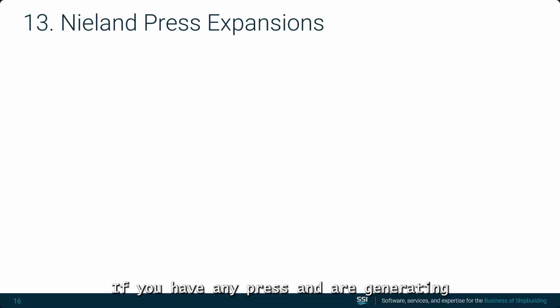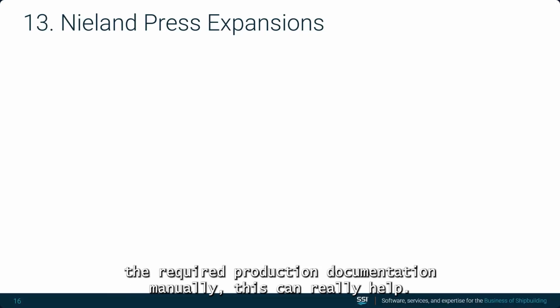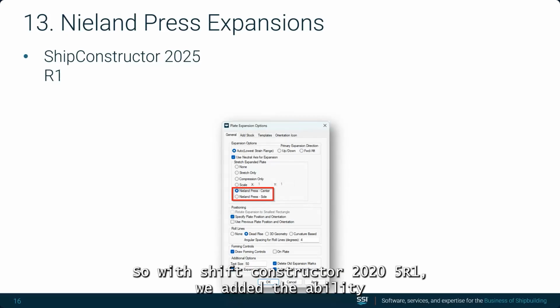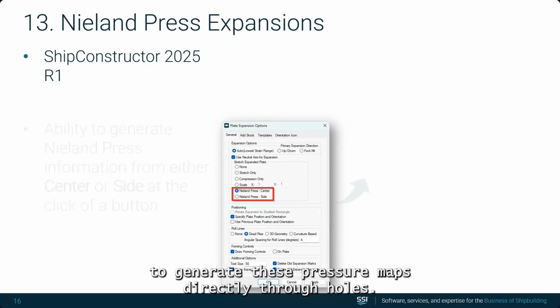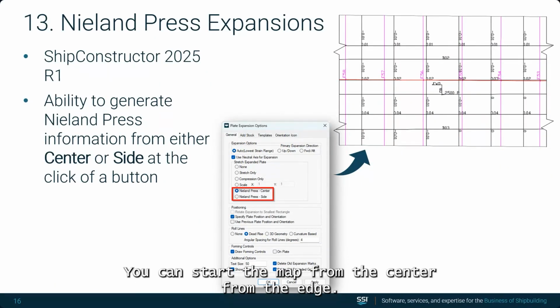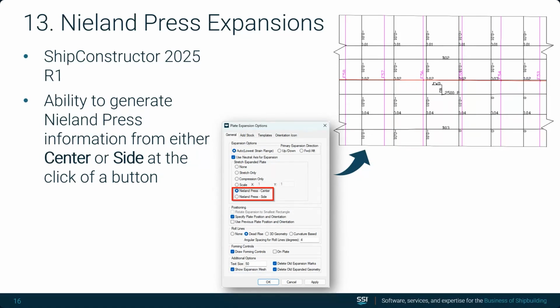If you have a Nealon press and are generating the required production documentation manually, this can really help. So with ShipConstructor 2025 R1, we added the ability to generate these pressure maps directly through Hull's plate expansion settings. There are two ways to create them. You can start the map from the center or from the edge, or the side.